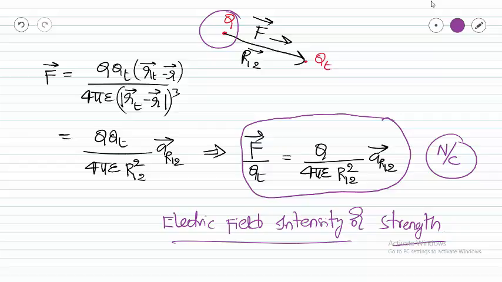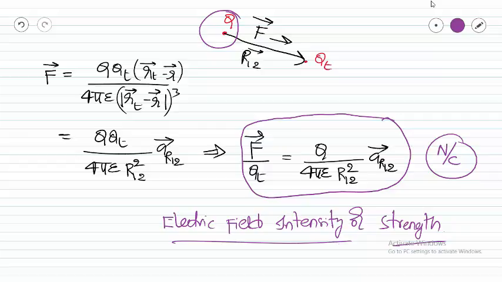So F bar by Qt will give us the electric field intensity or strength. Qt can be placed anywhere, so as Qt position varies, the only thing that varies is R12.